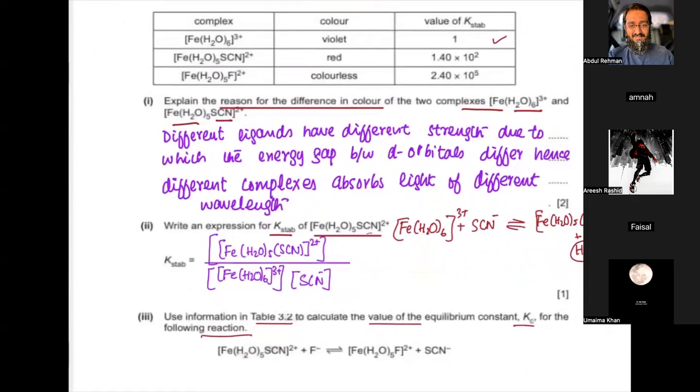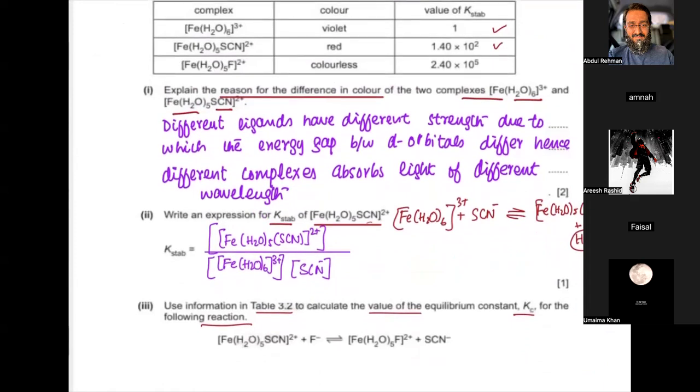You are provided with the K step for SCN2 positive, and you are provided with the K step for F. Okay, so if you see, these two are also formed from the hexaaqua complex of iron 3 positive, right? This is formed from this, and this is formed from this. That's why we are getting these values.